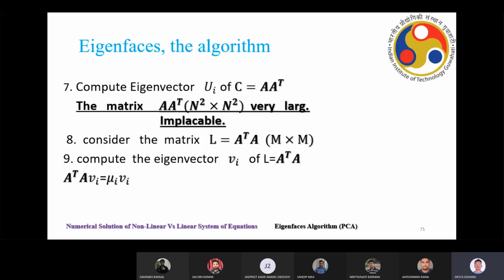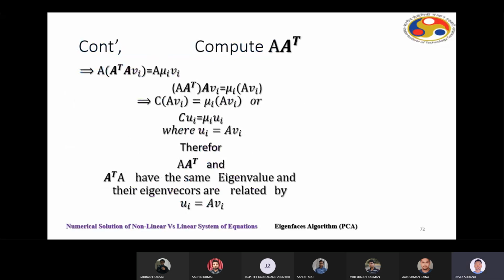Step 9: compute the eigenvectors using the above formula, continuing to compute these eigenfaces. Again, A times A transpose and A transpose times A have the same eigenvalues, and their eigenvectors are related by this formula: u i is equal to the matrix A times the eigenvectors v i.